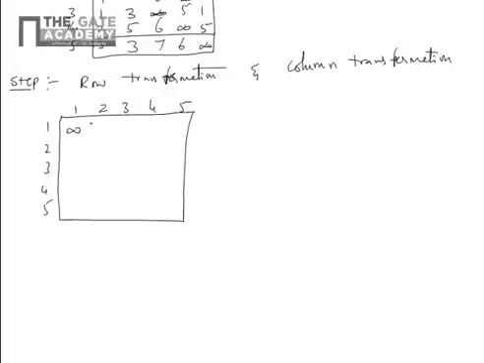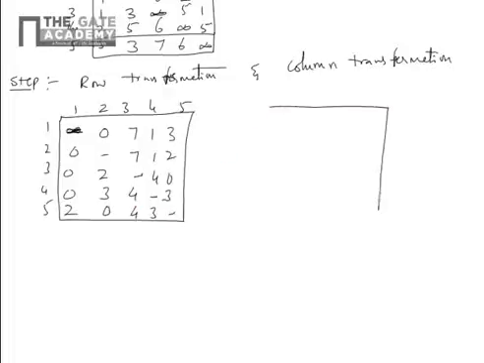Infinite or undefined stays undefined. Row 1: undefined, 0, 7, 1, 3. Row 2: 0, undefined, 7, 1, 2. Row 3: 0, 2, undefined, 4, 0. Row 4: 0, 3, 4, undefined, 3. Row 5: 2, 0, 4, 3, undefined. That is row transformation.